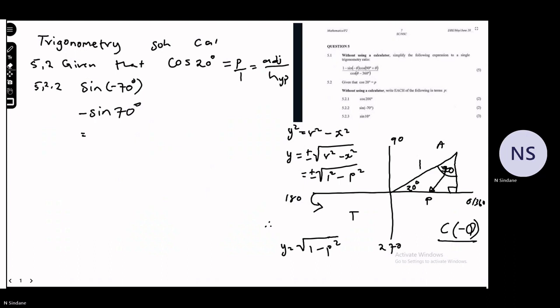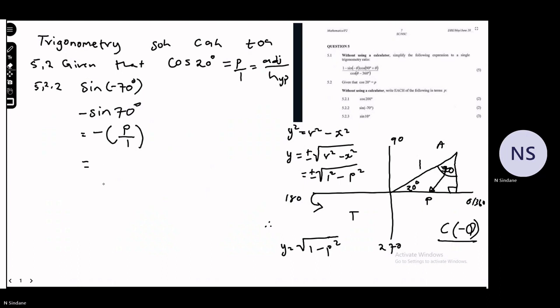I know that sine is opposite over hypotenuse, right? In this case, what is my opposite? Because I'm focusing on this angle, 70 is my reference angle. It means my opposite will be P, and my hypotenuse is 1. Hypotenuse will always be the side that is opposite to your 90 degree.